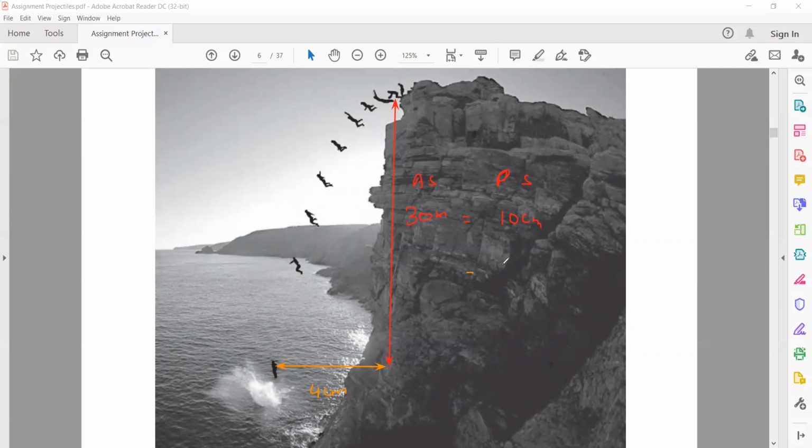For example, if this is 4 centimeter, then what will be the actual size? It will be X, because the scale won't change. Then we cross multiply: 30 multiplied by 4 is 120, divided by 10. So 120 divided by 10, what do we get? We get 12 meters. So this X will be equal to 12 meter in actual. Is it clear?